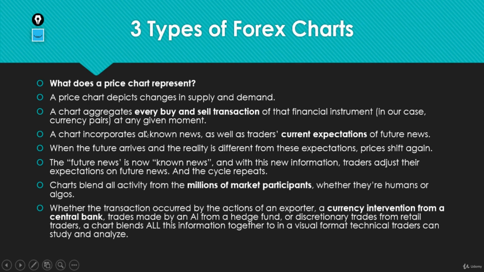What does a price chart represent? A price chart depicts change in supply and demand. A chart aggregates every buyer and seller transaction of that financial instrument, in our case, currency pairs. At any given moment, a chart incorporates all known news as well as traders' current expectations of future news.